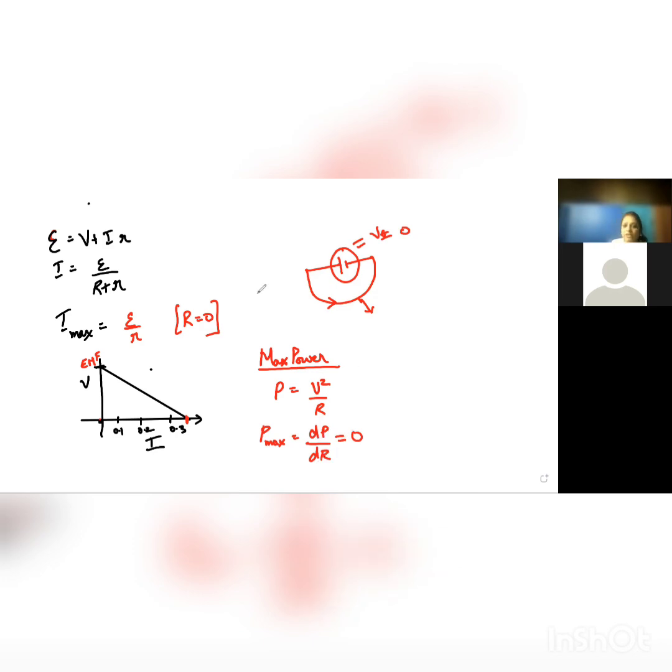This is a small derivation. I'm not doing the derivation here, but I'll tell you that you will see that R is equal to small r. So when the external resistance is equal to the internal resistance of the cell, you get maximum power in the circuit.